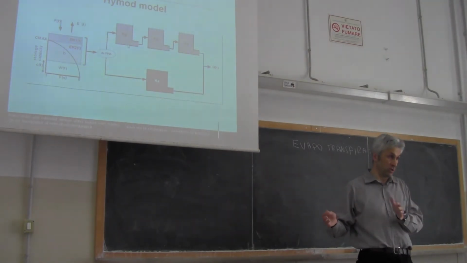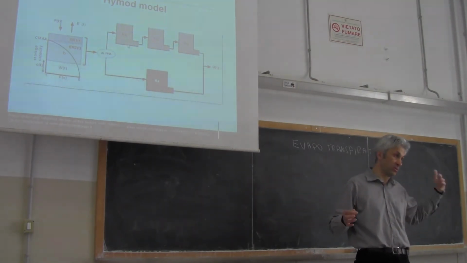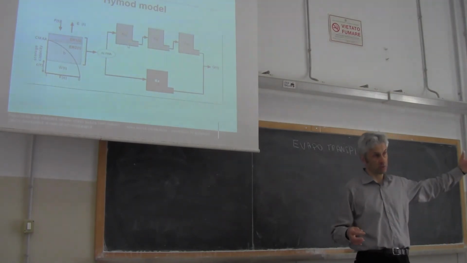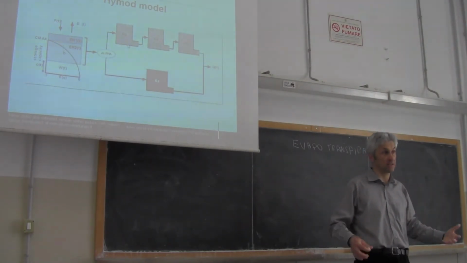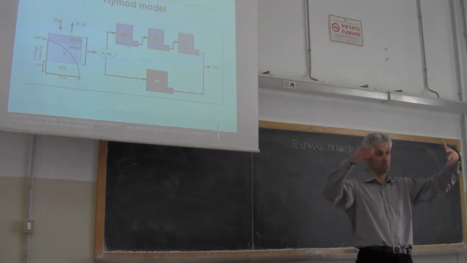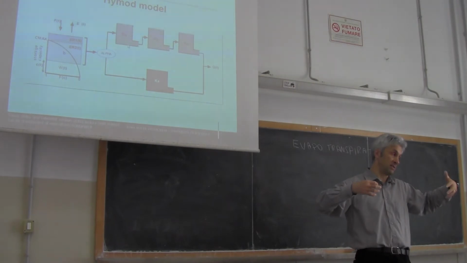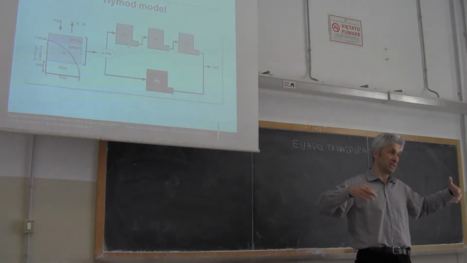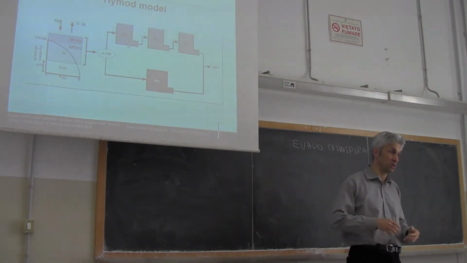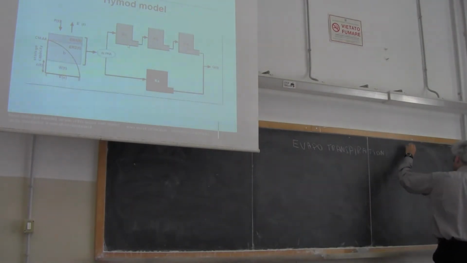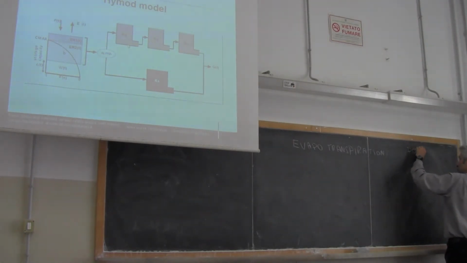The opposite situation is when you have plenty of water. You have abundant water, and therefore, of course, plants transpire at their maximum potential, and evaporation is at its maximum potential. This reference evapotranspiration is called potential evapotranspiration.